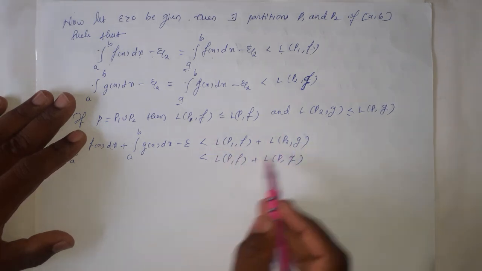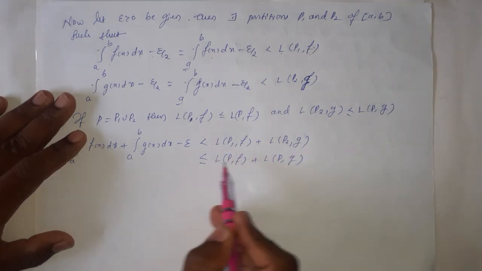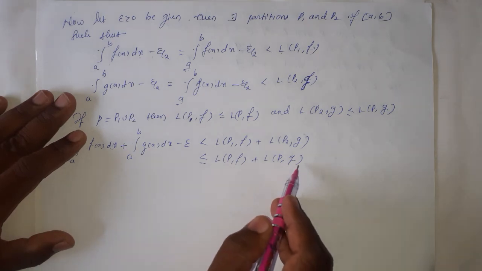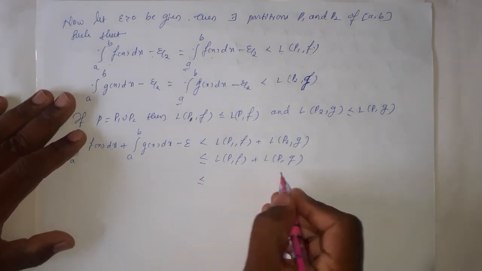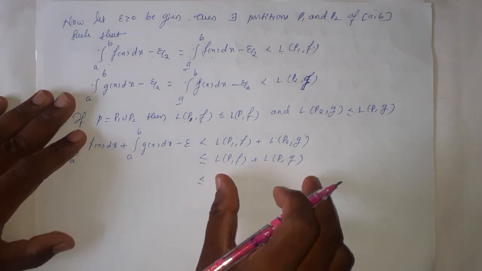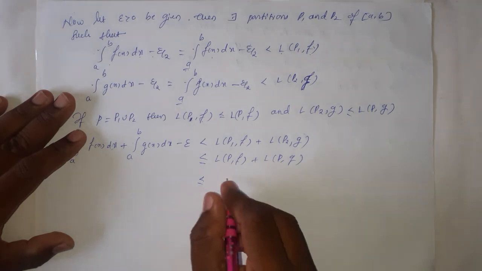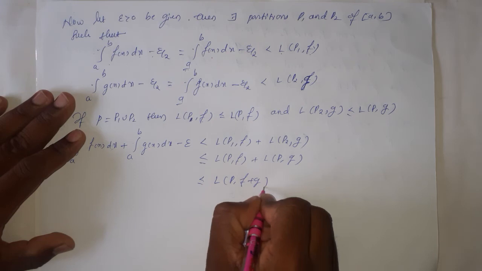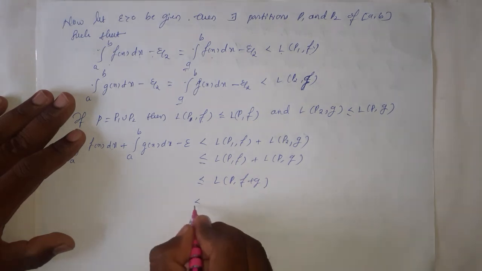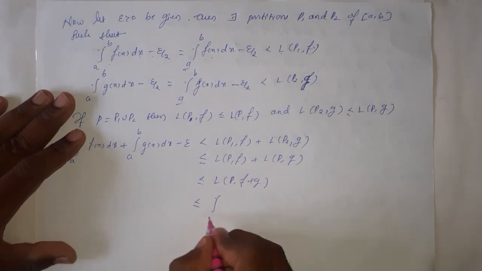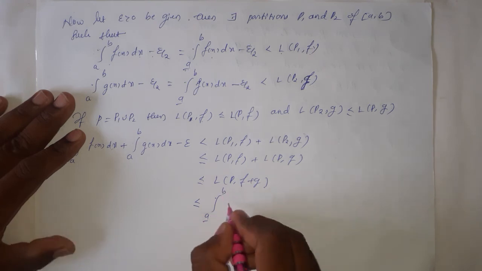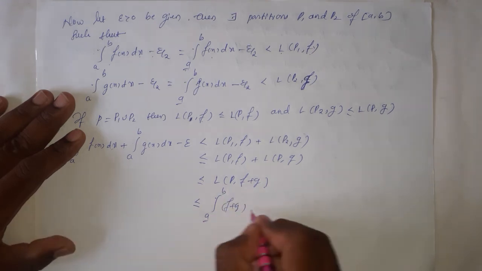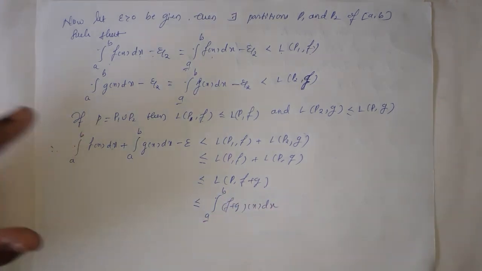This total quantity is less than or equal to L(P, f) plus L(P, g), which is less than or equal to L(P, f plus g), and this is less than or equal to the upper integral from a to b of f plus g of x dx.